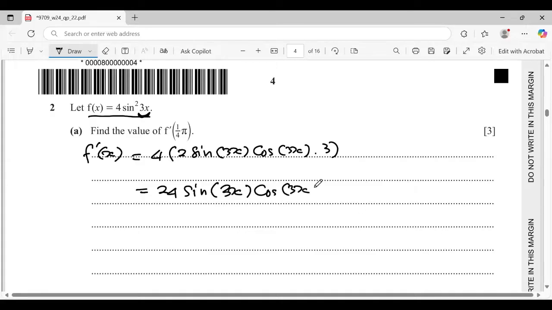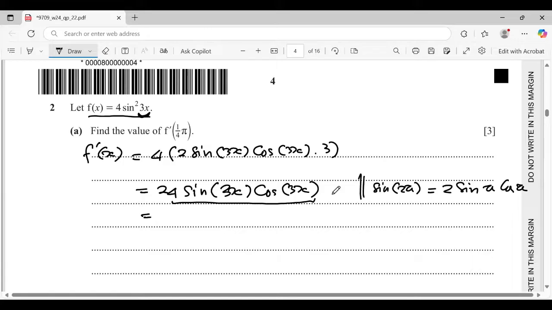Okay. And I would like to use the trigonometric identity that sine 2a equals 2 sine a cosine a for this expression.